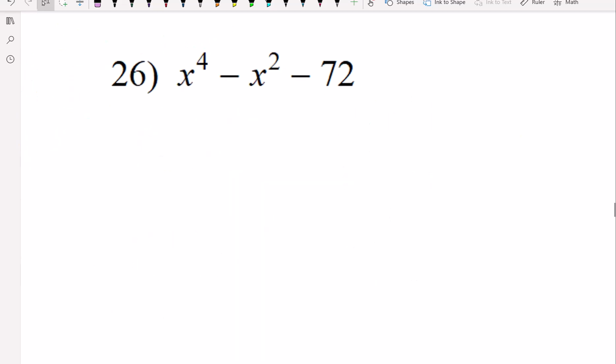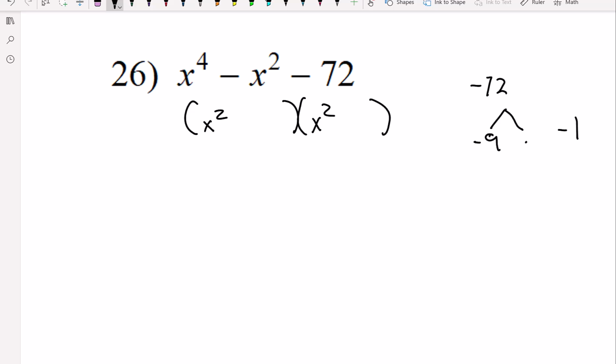If I come over here and we do it this method, and then factors of -72 that add up to -1. So -9, positive 8. They multiply to be -72. They add to be -1.